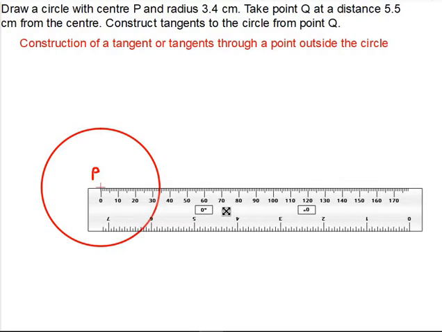Let me just put the scale exactly near the center. You can see that I mark a line of length 5.5 centimeters. So this is our 5.5 centimeters.